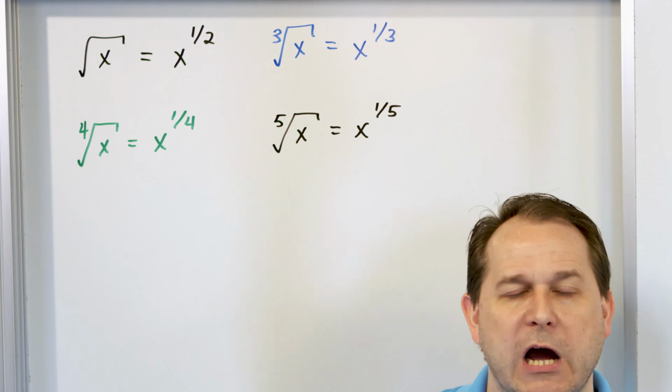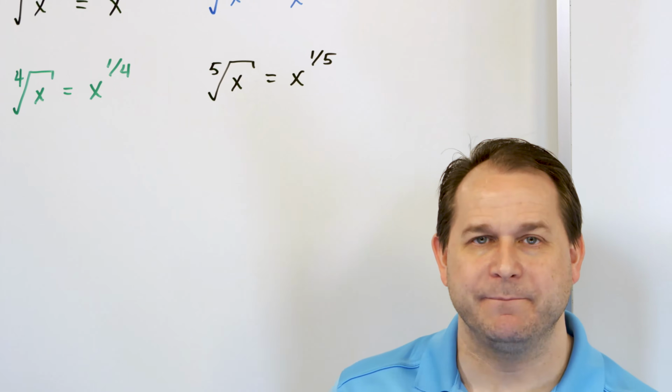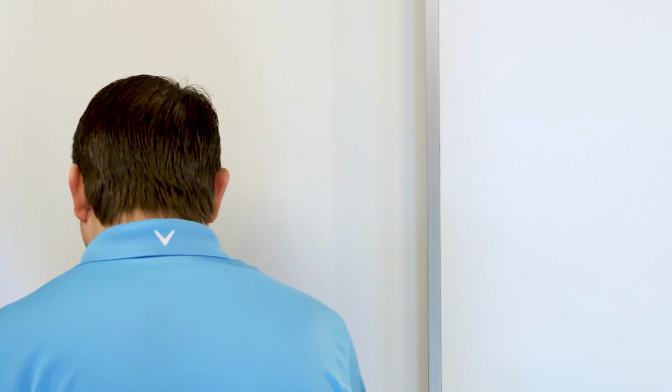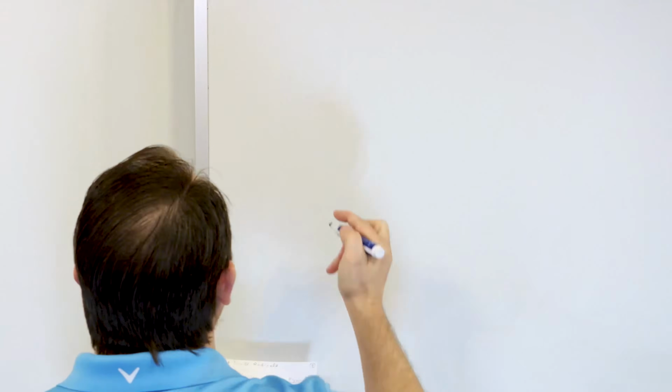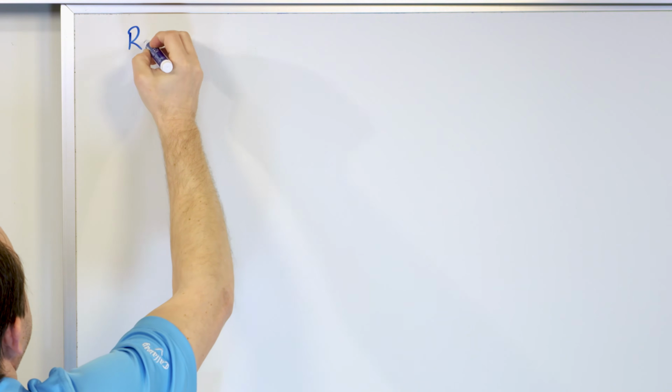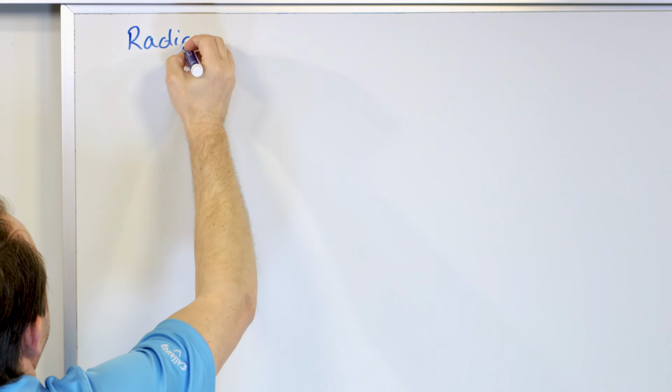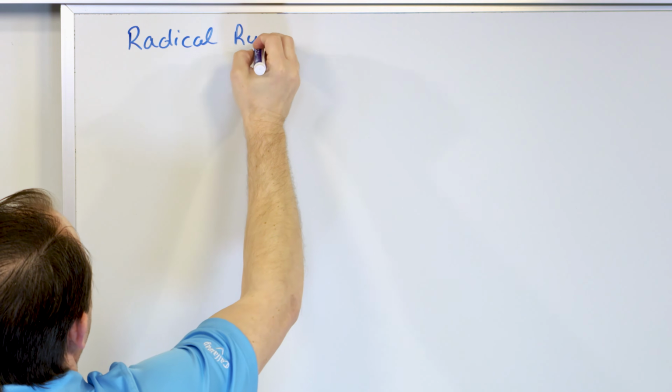I'm going to, in one column, write down the radical property and give you an example of how to use it. In the next column, I'll show you how that property comes directly from the properties of exponents, and we'll do an example like that. So you'll know the radical properties, but more importantly, you'll know how they tie into the exponents and where they come from with a quick example as well. So in this column, I'm going to call this radical rules.